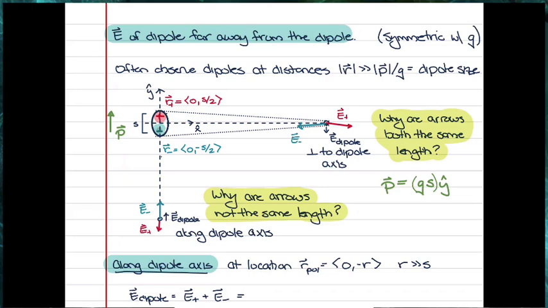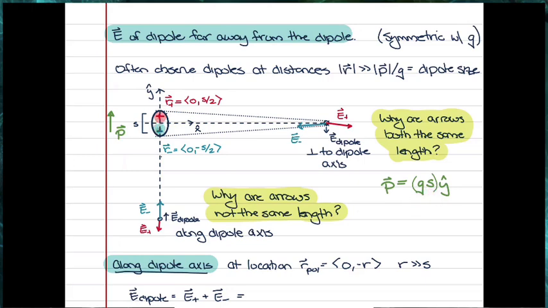And then I'm going to ask myself, along the two axes, what if I'm going perpendicular to the dipole? So the dipole itself has a dipole moment that is also vertical, because it points from negative to positive. We could evaluate the magnitude as well, right? If this is plus q and negative q, then it's just going to be q times the separation, s.